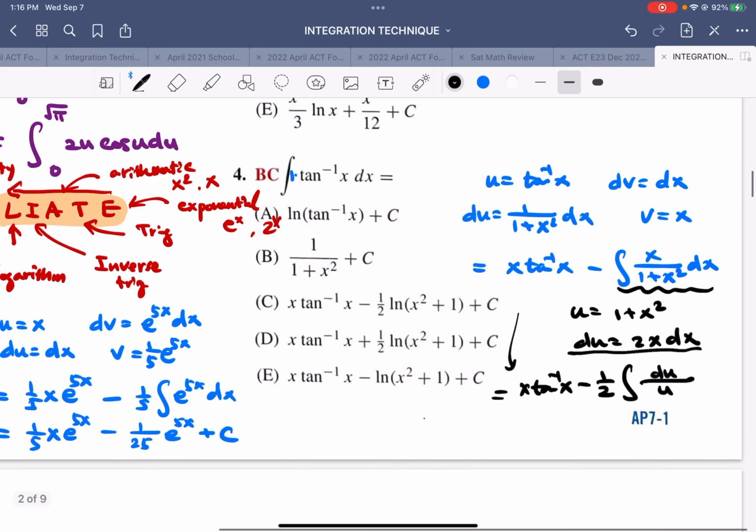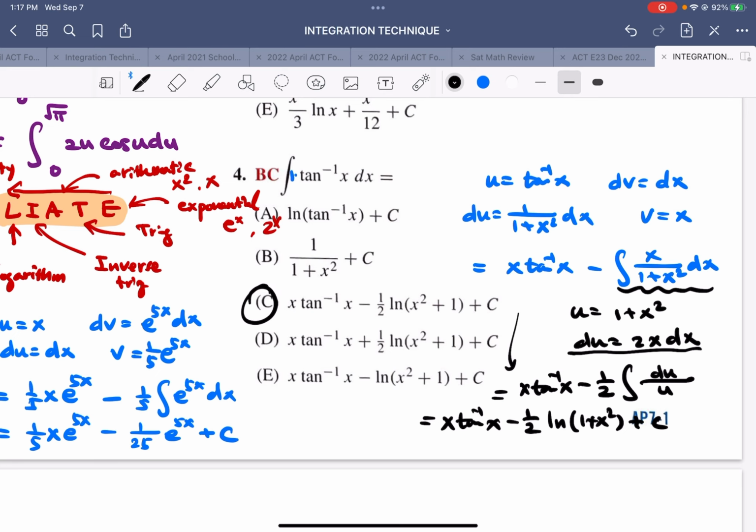So x inverse tangent x minus 1/2, and the integral of 1 over u is ln u, so 1/2 ln of u, but u was 1 plus x squared, or you can say x squared plus 1, plus c. So the answer is C.